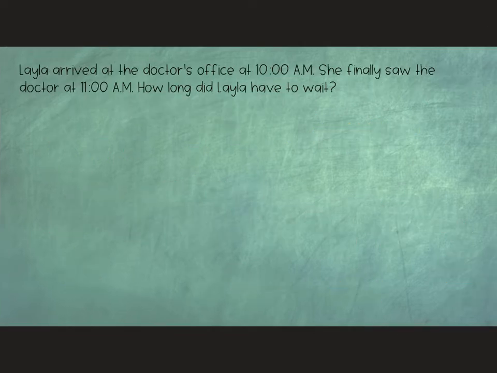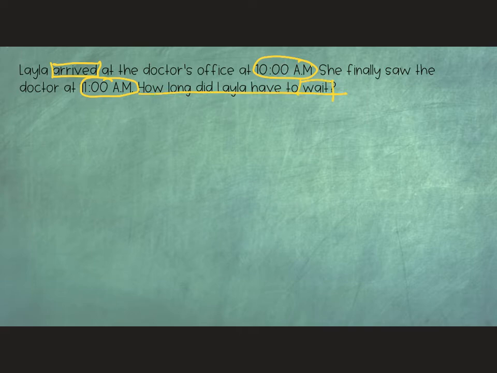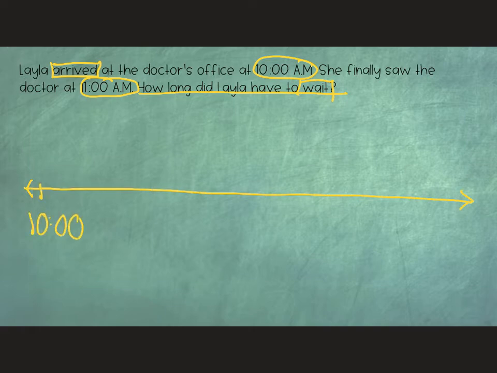Next one, Layla arrived. Okay, she arrived at the doctor's office at 10 a.m. She finally saw the doctor at 11 a.m. How long did Layla have to wait? So arrived, that's really her start time. And she arrived at 10 a.m. So I'm going to put that here. And then she finally saw the doctor at 11.